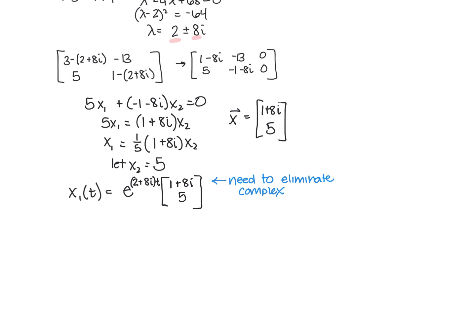So I'm going to start by dealing with Euler's formula for this expression right here. So here's what that will look like. Why are we only looking at x1 and t and not the entire thing? We will get to the entire thing because this is going to create both in one. All right. Using Euler's, this will be e to the 2t.